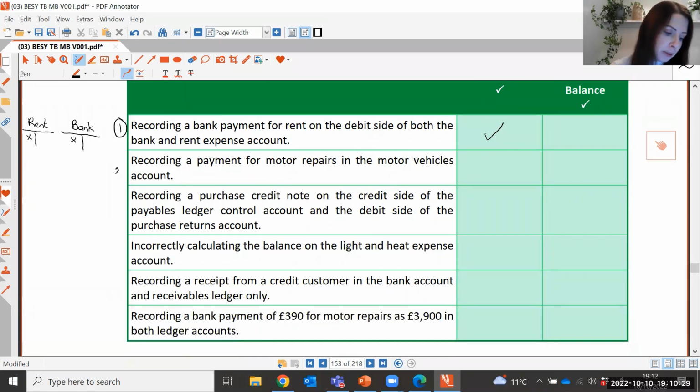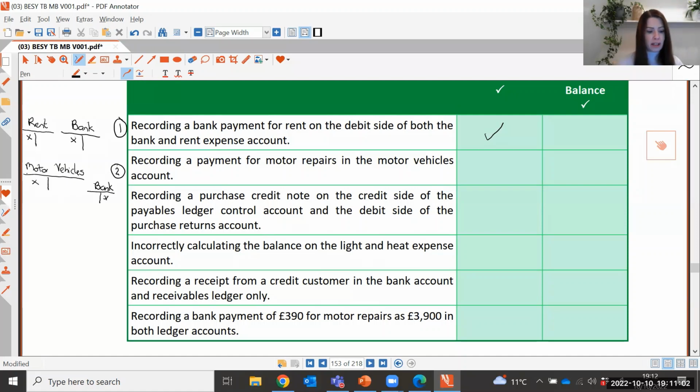Okay, so number two. Recording a payment for motor repairs in the motor vehicles account. So if we draw it out, we've got a motor vehicles account, and then we would have posted the credit to the bank account.